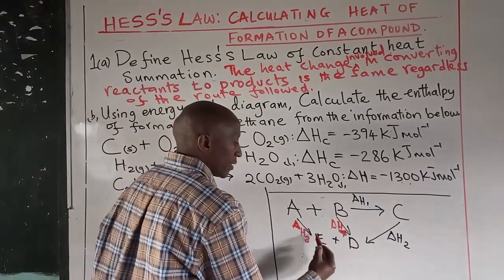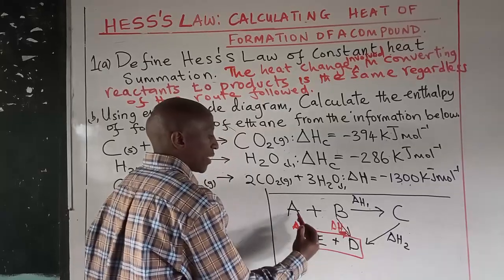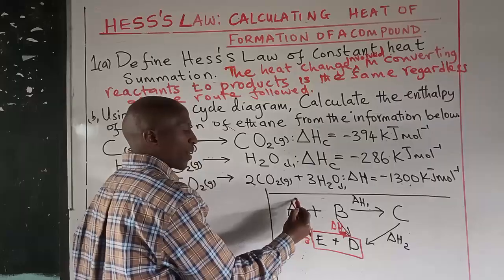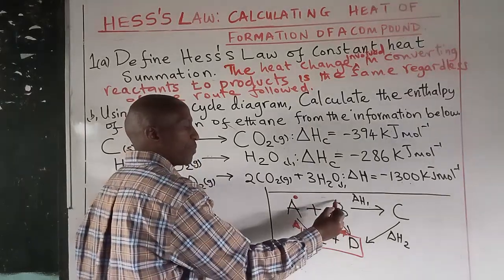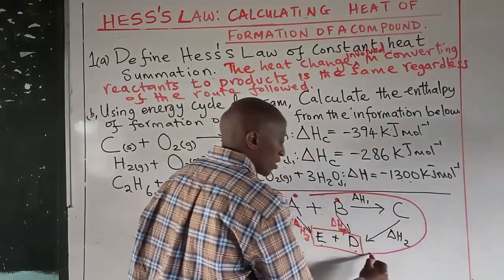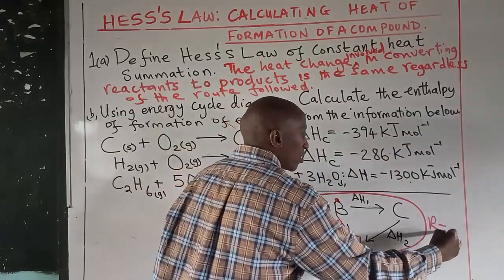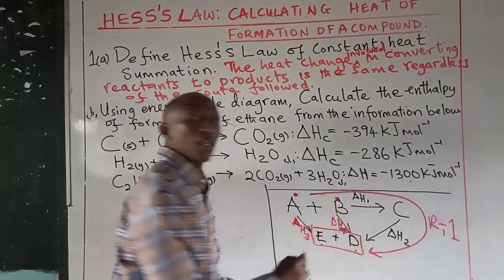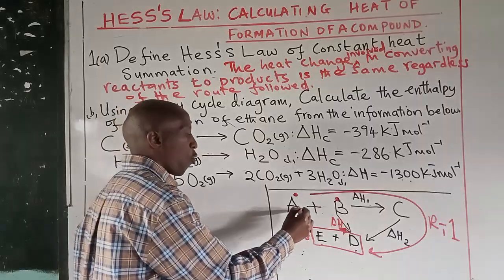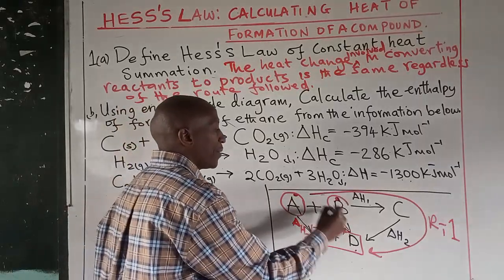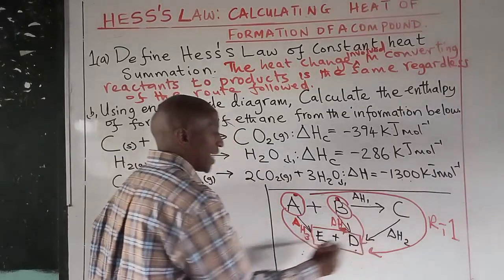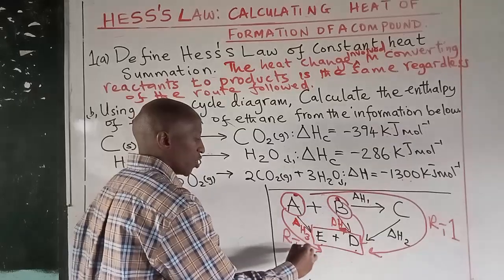If we convert our reagents A and B to be products E and D by following this route, which we are calling route 1, the energy change is the same as where A and B are directly converted to E and D. This is route 2.